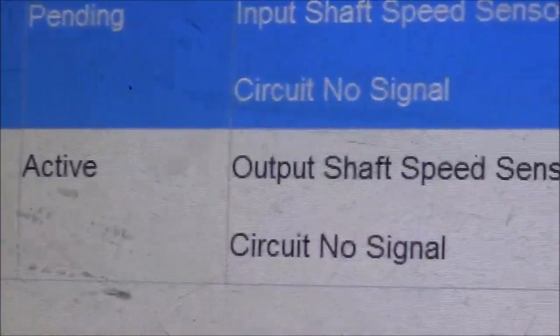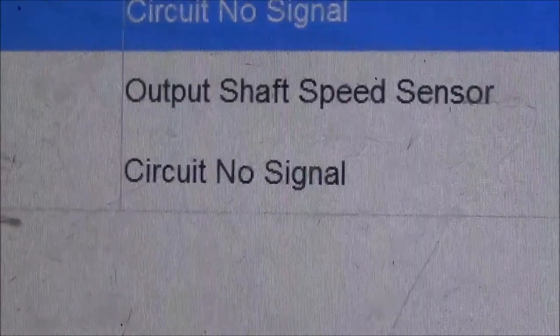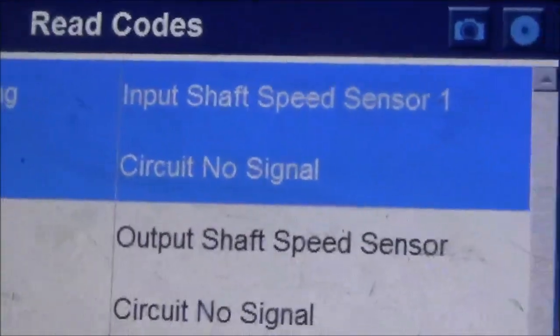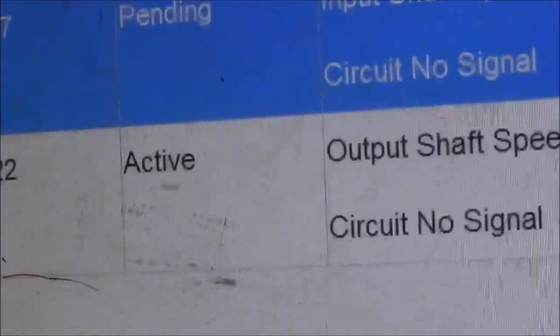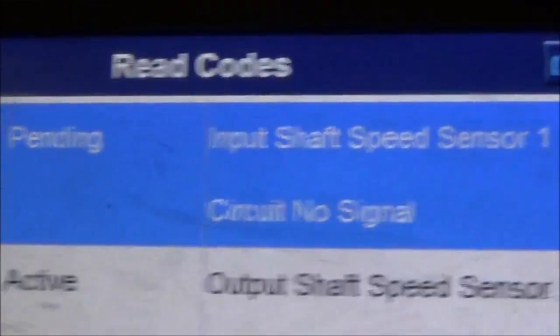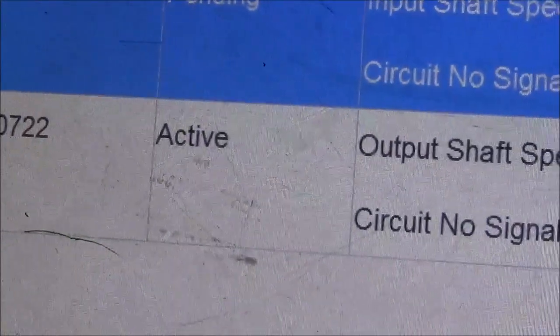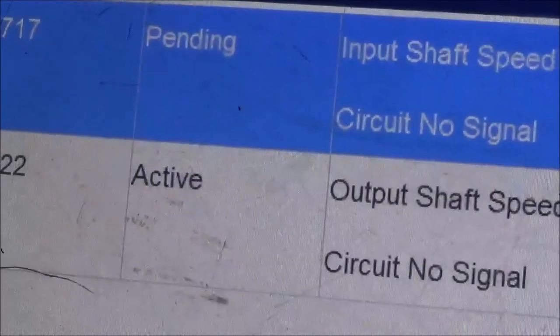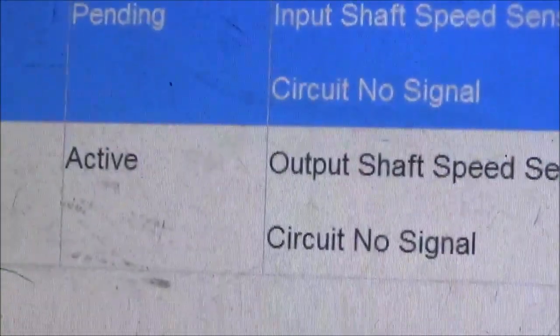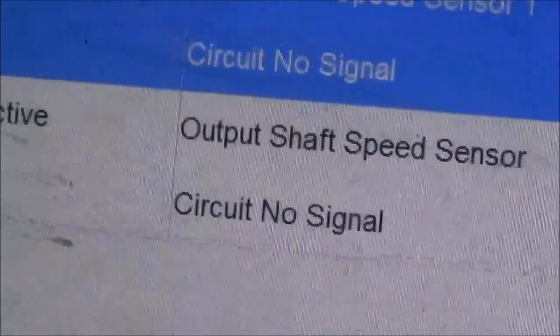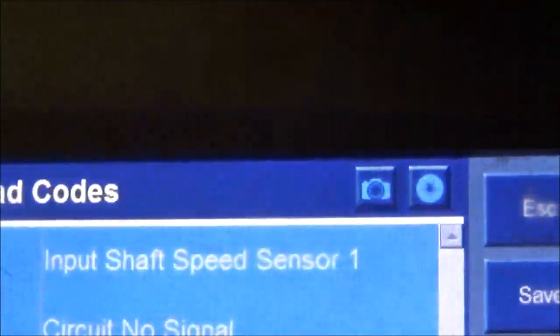Now the engineers call it circuit though, output shaft speed sensor circuit. That would throw you off and make you think that you have an electrical problem, wouldn't it? That's what I thought. That's what some other shops thought, that it had an electrical problem that was causing it not to move, because the engineers had it that way. Now what could they have said differently?